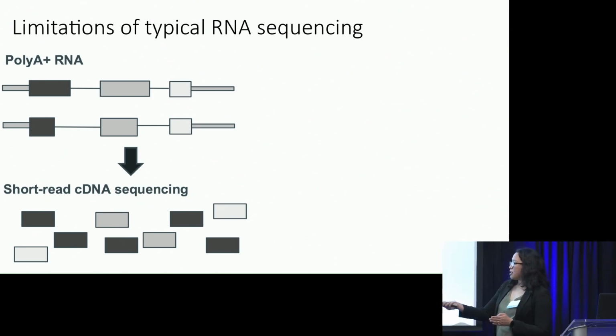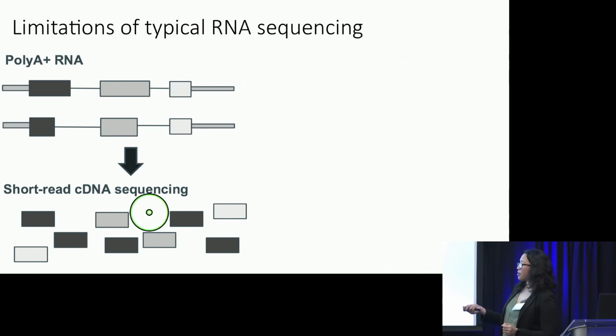And that's what this cDNA is, complementary DNA. So it's a DNA sequence that's a copy of the RNA. And then we have to cut it up into short pieces. And that's basically one of the technologies that's used for sequencing. You need to have the segments kind of short because you can only read a little piece of the DNA.